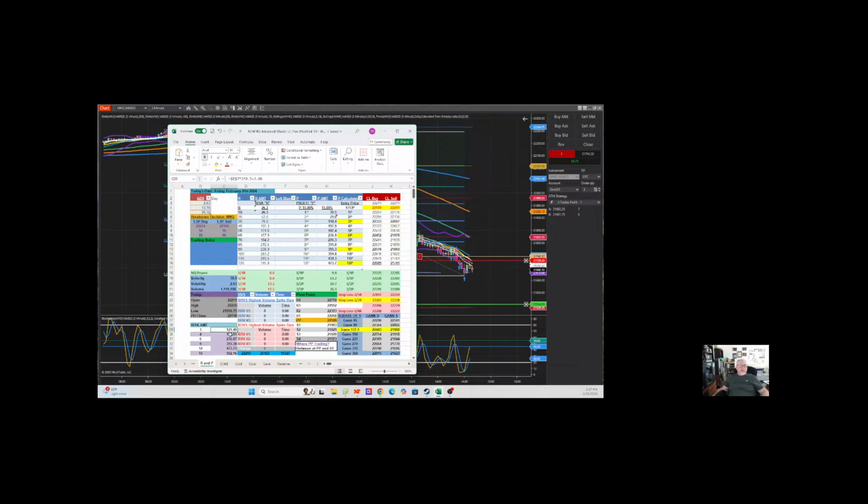I guess I got to physically put it in each time. 4 contracts. 1.02 times 4 is 4.08. Actually, I added 3.06, right? I added 3.06, so we just need to add to this one 1.02.